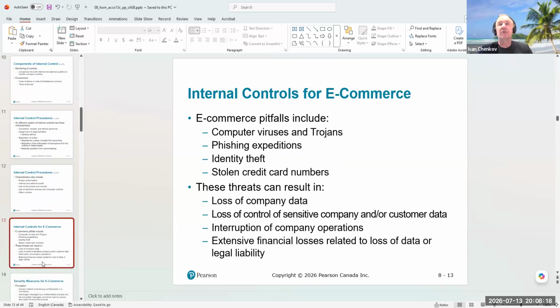So now, how are we going to control e-commerce? Now we're going to this category, which you'll be the one who's going to have to deal with. And which is the pitfall of e-commerce? Those are computer viruses, phishing expeditions, identity theft, stolen credit card numbers, stolen debit card numbers, anything that can be stolen.